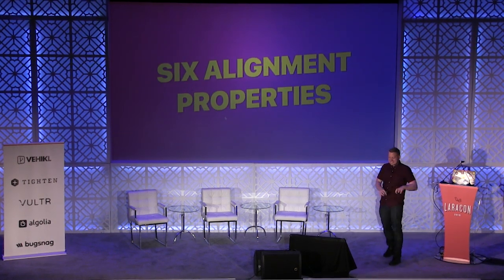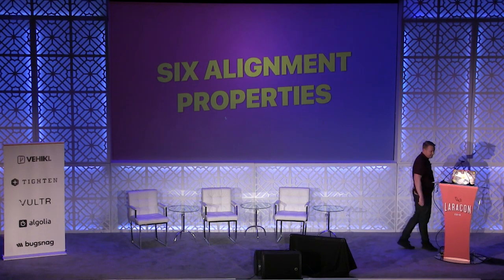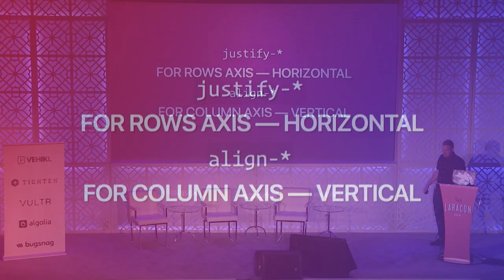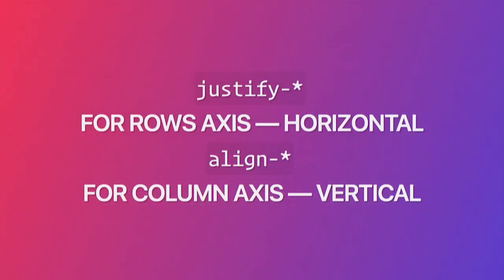So there's 6 alignment properties in CSS Grid, and we're going to go through them all now. The first ones are justify dash whatever. Those are for the row axis, your horizontal alignment. And then you have your align dash properties, and those are your vertical alignment properties.